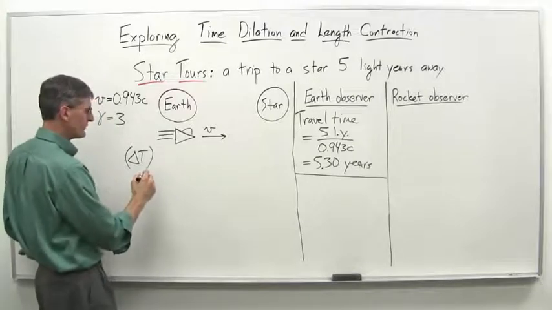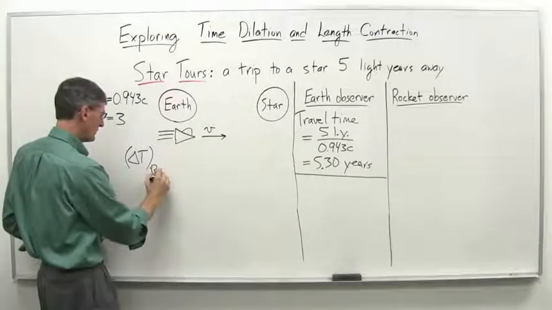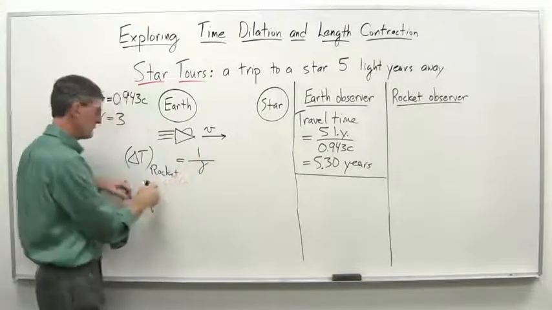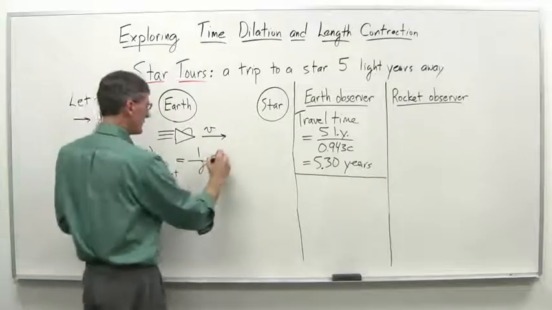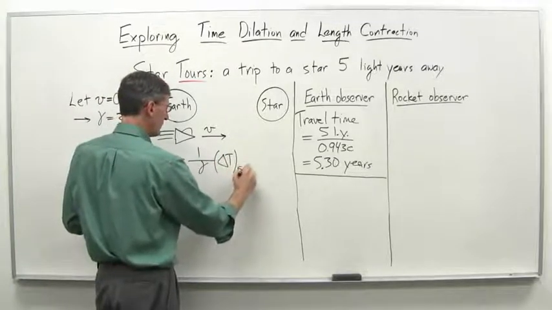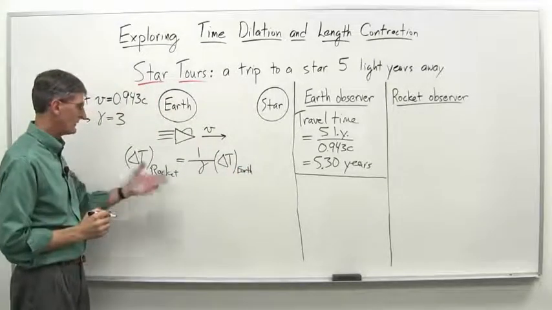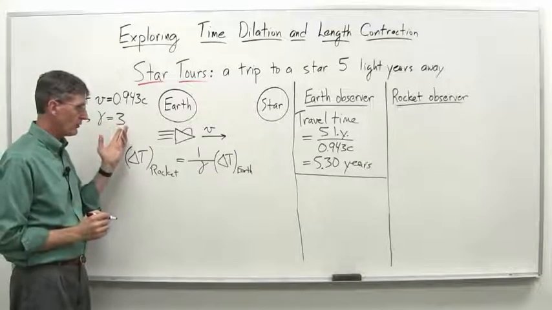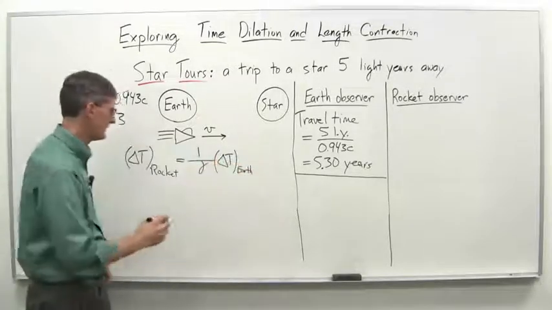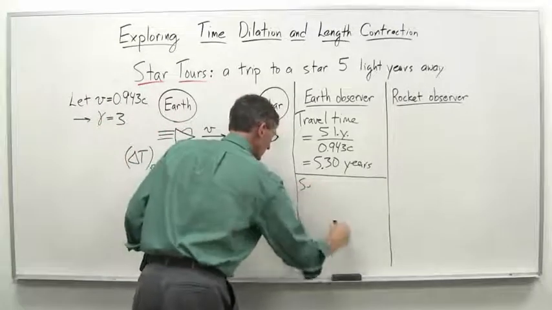So delta T for the rocket is 1 over gamma times the elapsed time in the Earth-star frame. Okay? And gamma is 3. We've set that up.